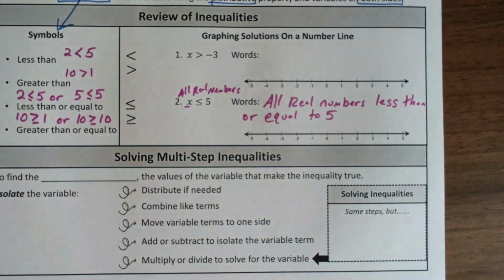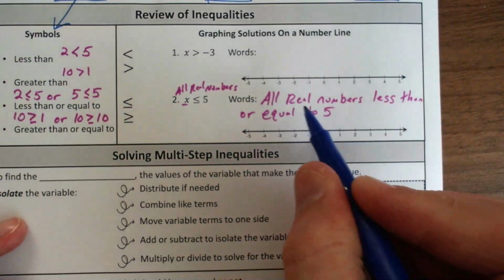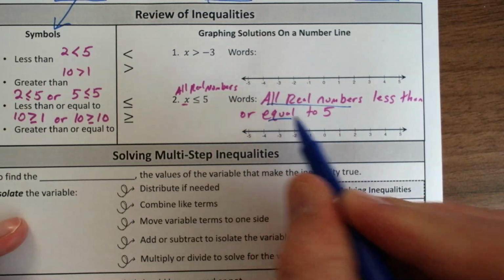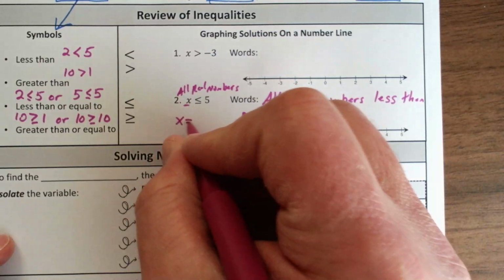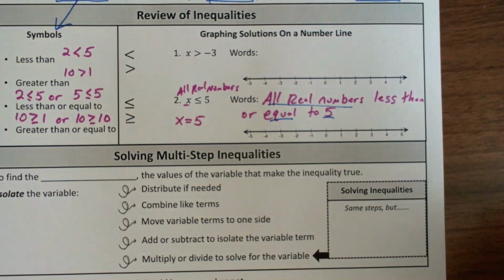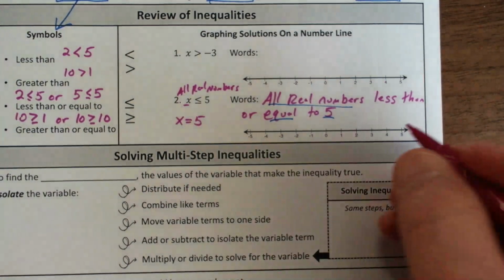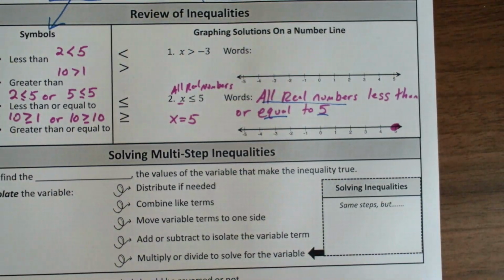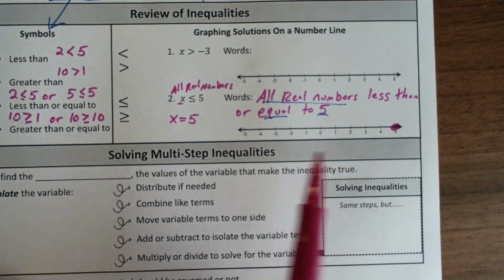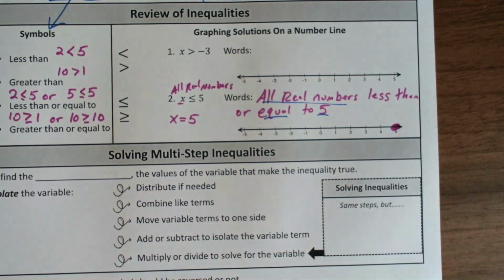Well, I want to pull out this particular part. All real numbers equal to 5. What would equal to 5 look like? If I told you to graph x equals 5, what would that look like? Well, you'd probably go over here to 5 and you'd probably make a dot. And that's correct. And then now I'm going to tack on this less than part.